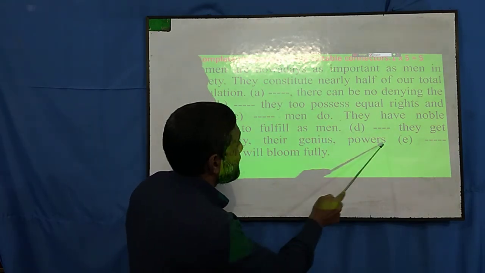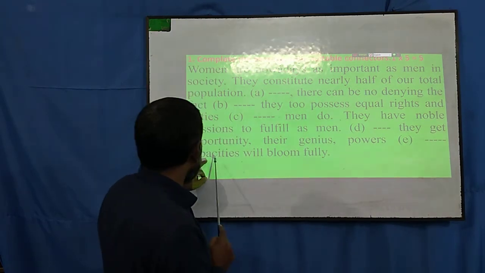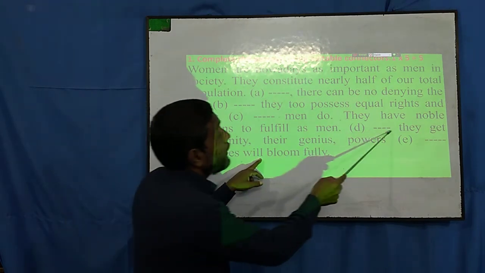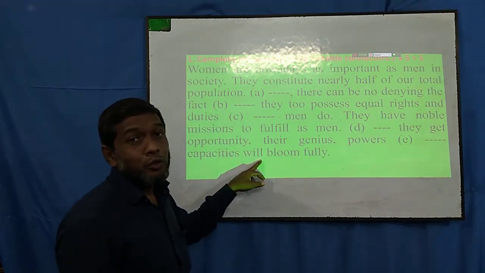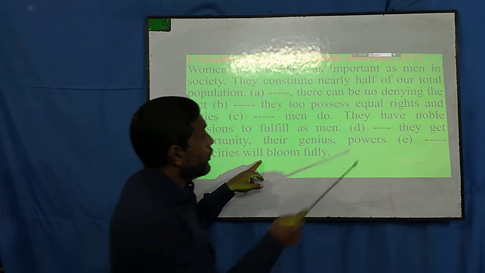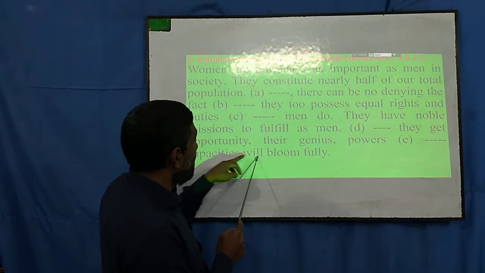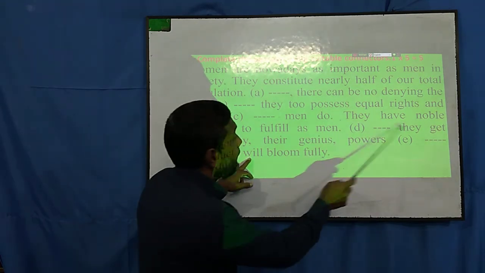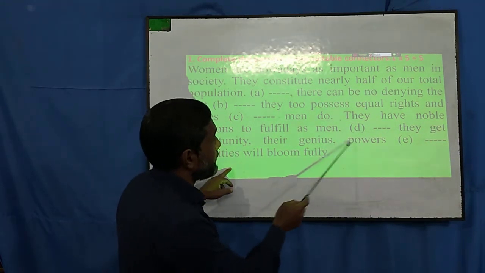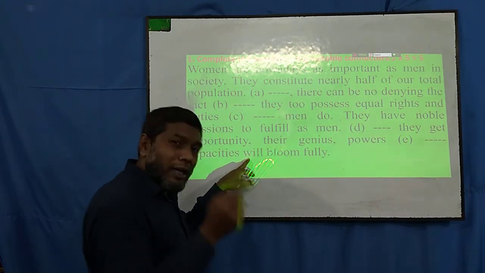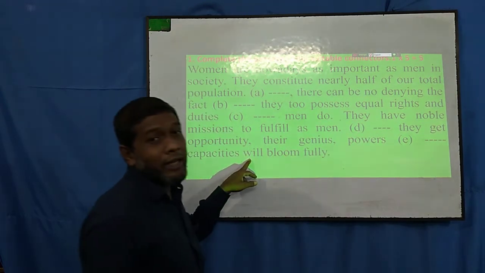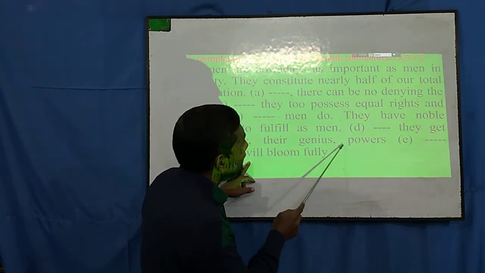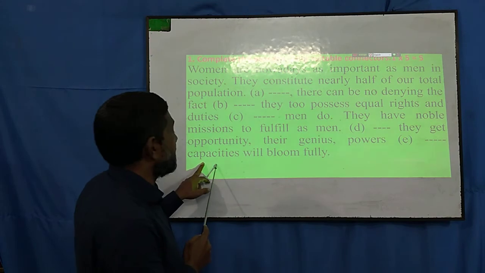Again, "their genius powers, dash capacities will bloom" is another clause. So this gap is given to join two clauses, and I know the marker here will be "if". So "if they get opportunity, their genius power..." this will help me to choose the marker here.